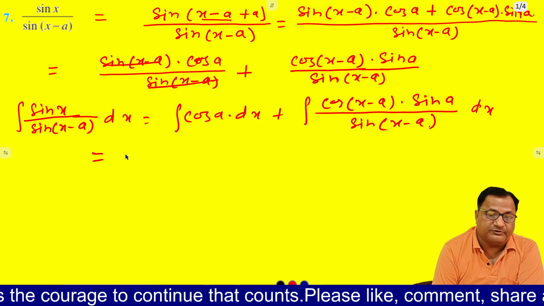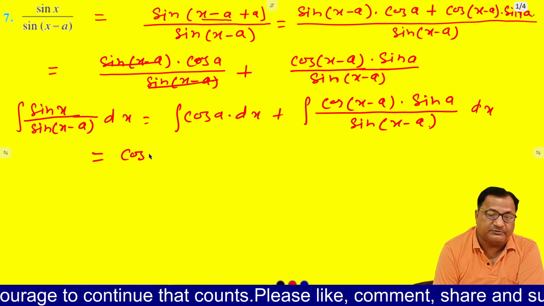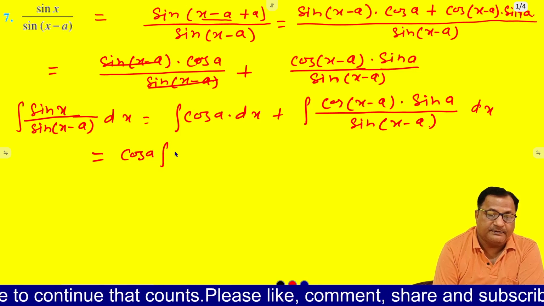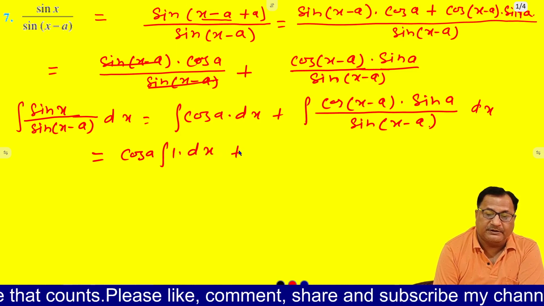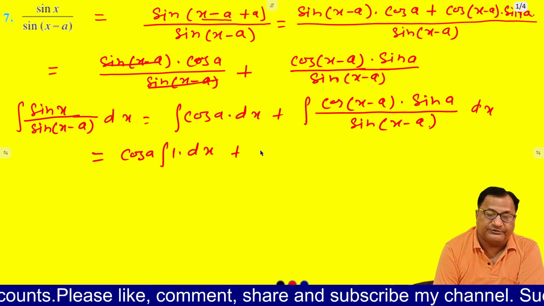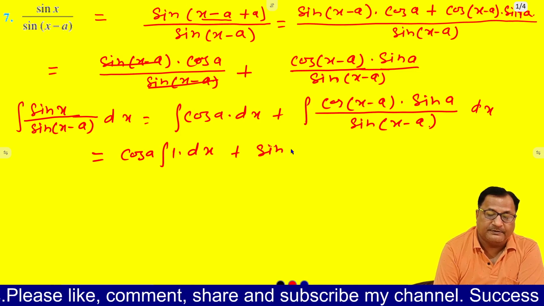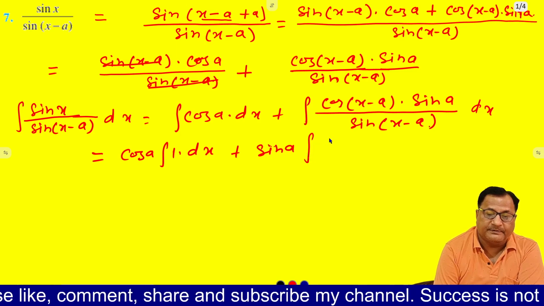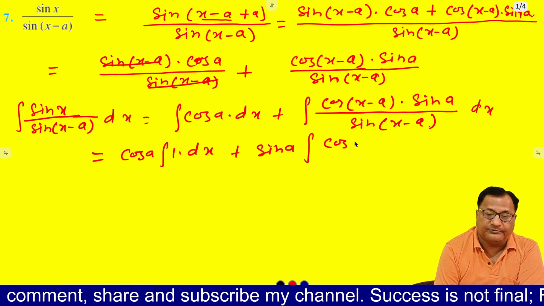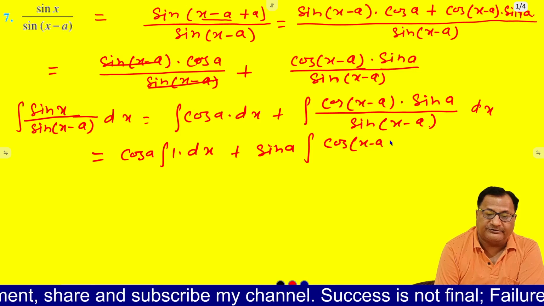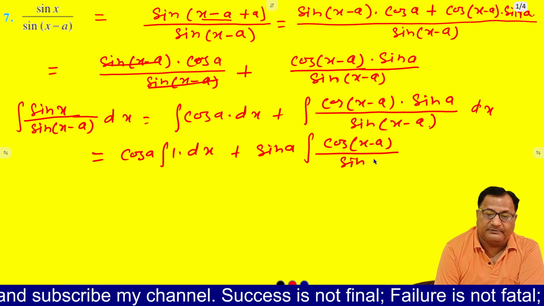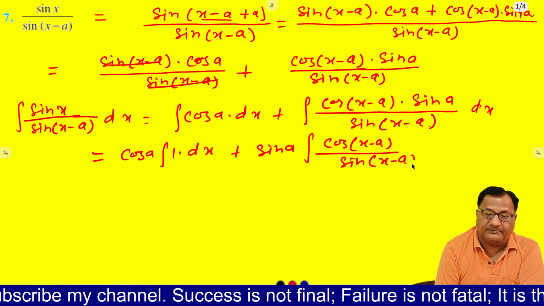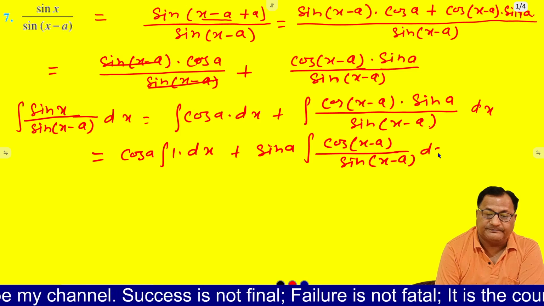Here cos a is constant, so we will take out cos a, integral of 1 dx. Here sine a is constant, so sine a, integral of cos (x minus a) by sine (x minus a) dx.